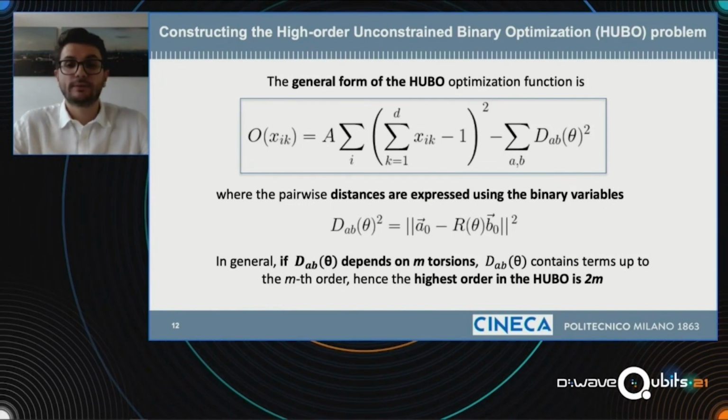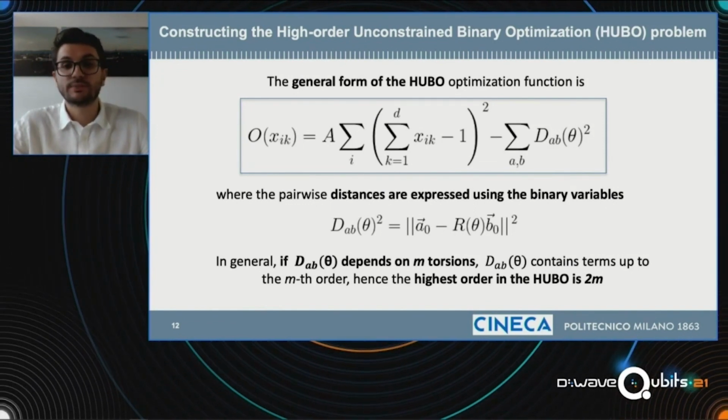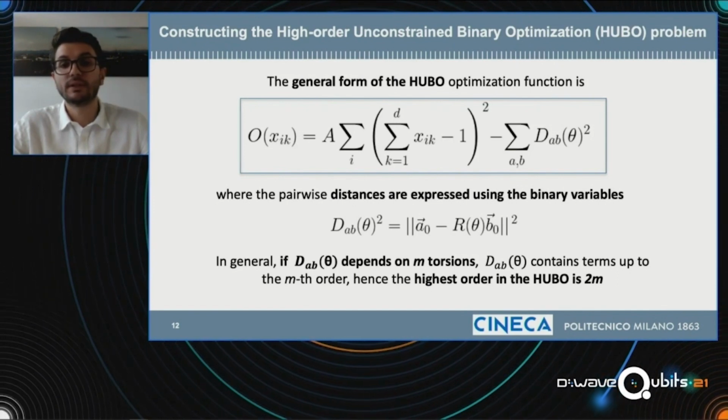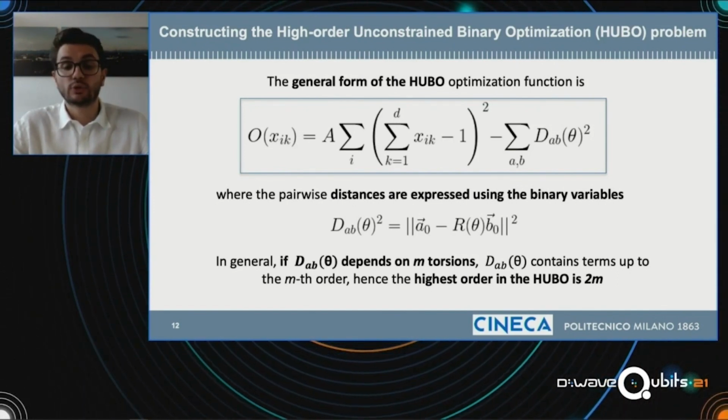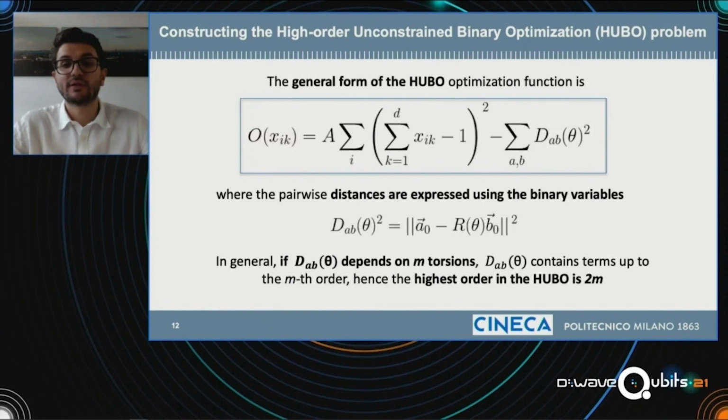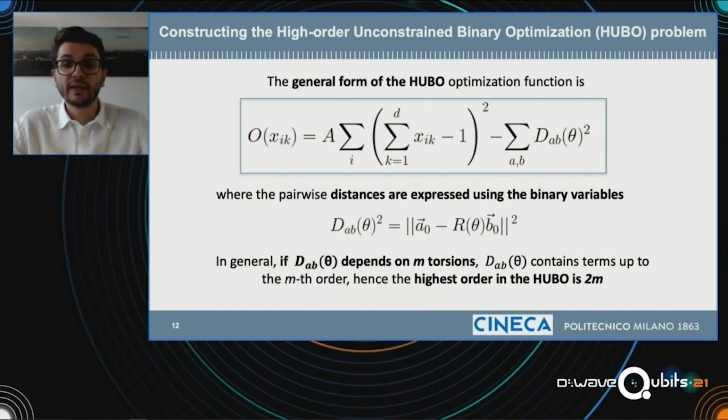In general, if the distance between two fragments A and B depends on m torsionals, the highest order in the HUBO will be 2m.